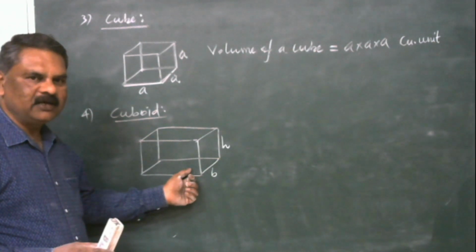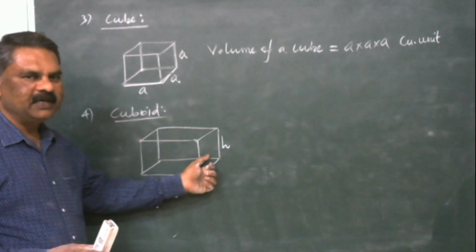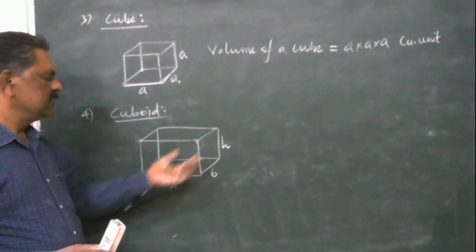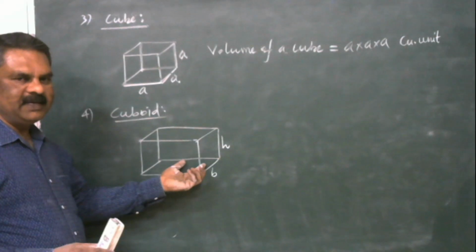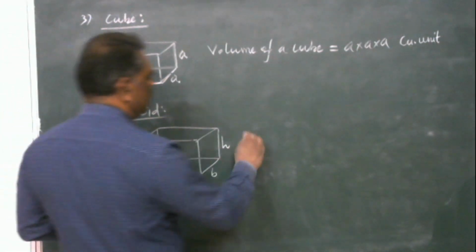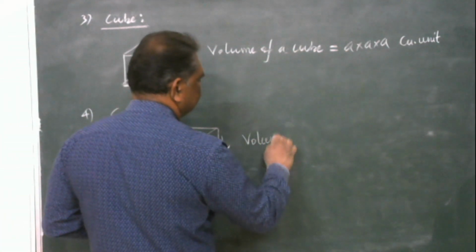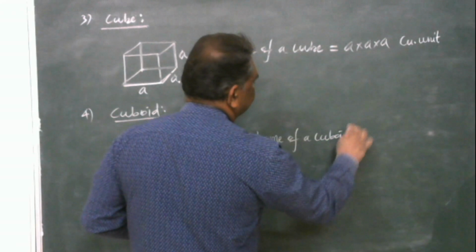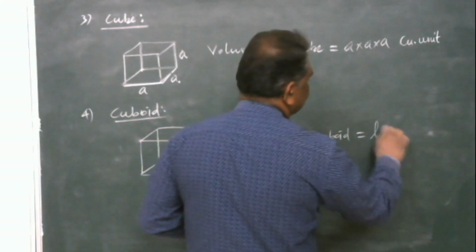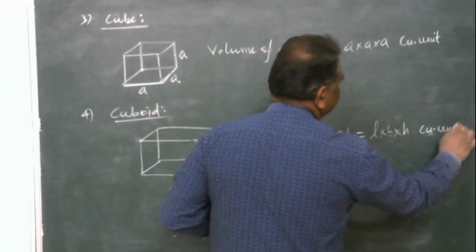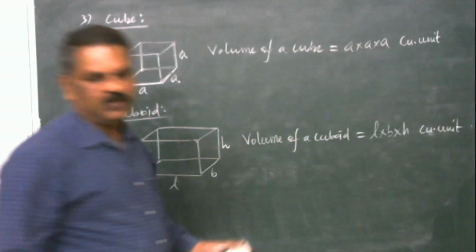Here L cubes, B times gives L into B, and that same layer extended up to height H gives LBH. So the volume of a cuboid is length into breadth into height, in cubic units.